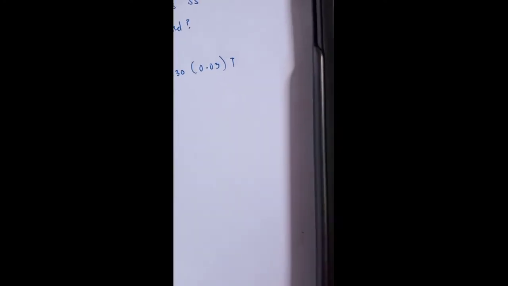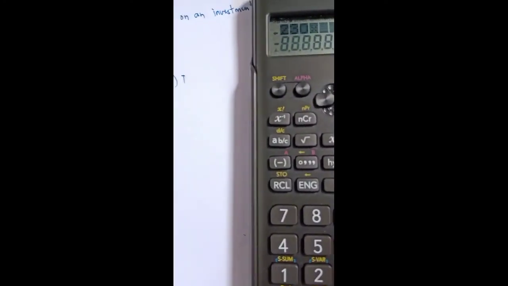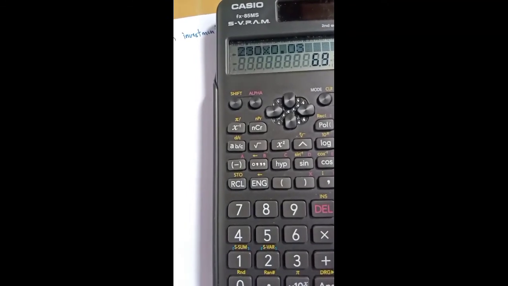So let's solve it. 230 times 0.03 will be 6.9.